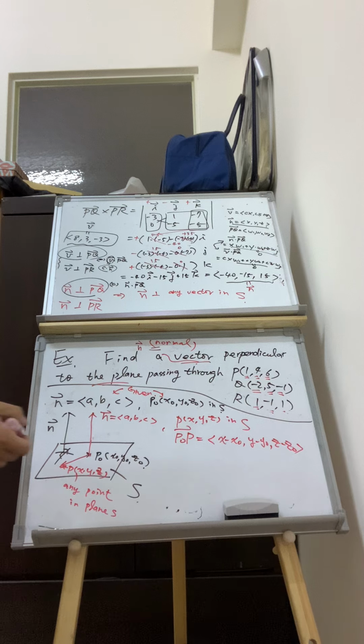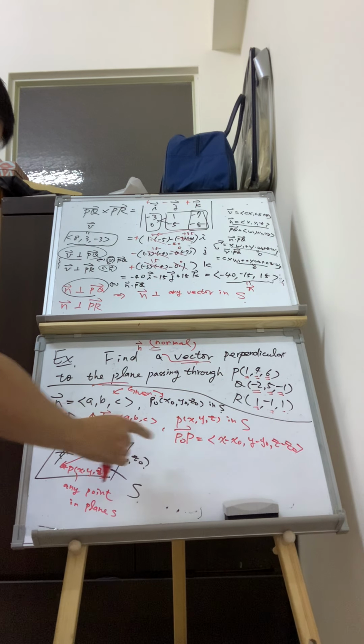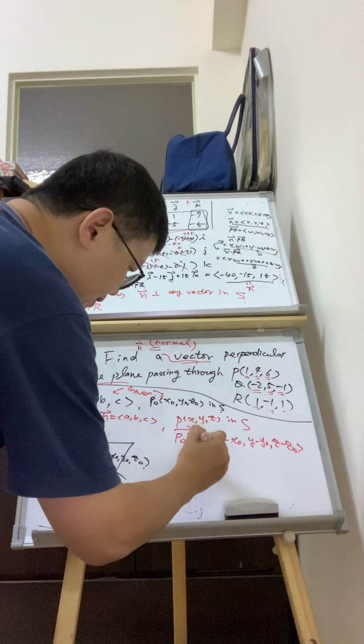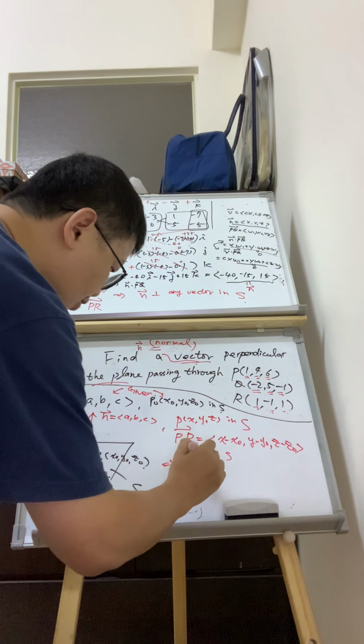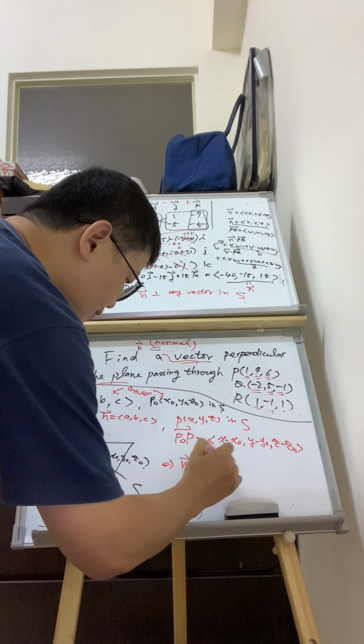As we said, n is a vector perpendicular to the plane S. The vector P0P is also in S, so n is orthogonal to the vector P0P.